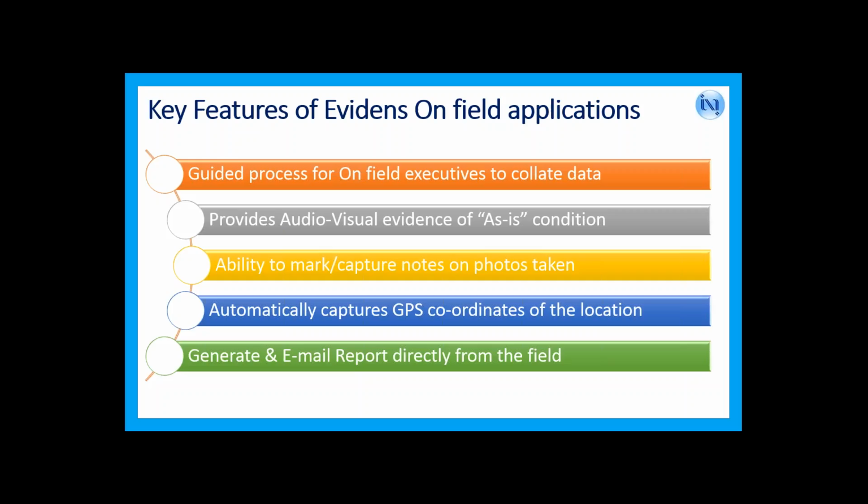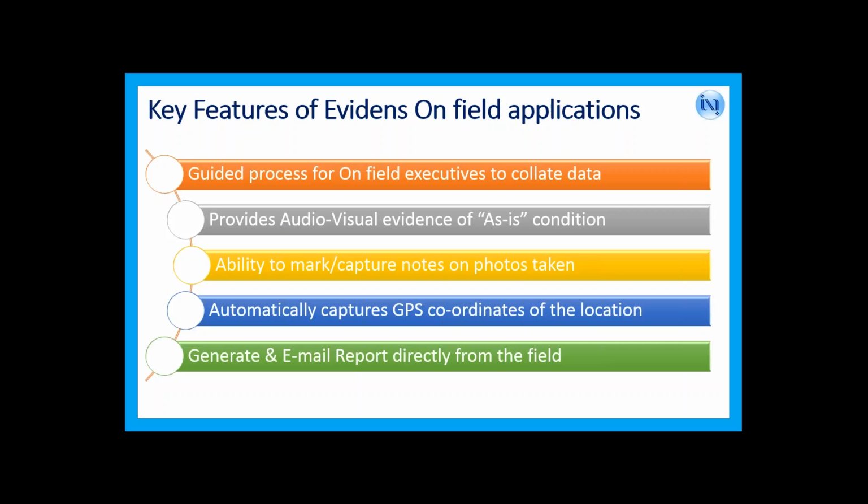You can start collating audio and video evidence of the asset situation on the ground. There is the ability to mark or capture photos. Within a photograph taken, you can mark additional notes, take signatures on the field, and automatically capture the GPS coordinates of the location.